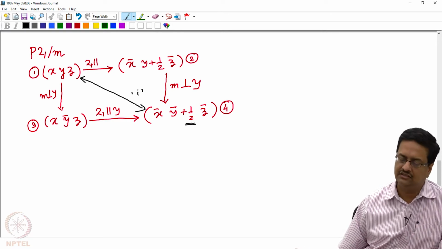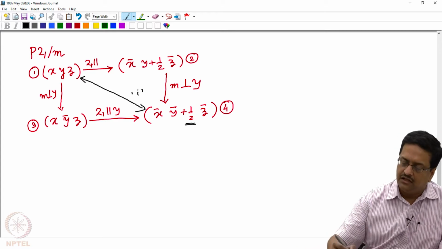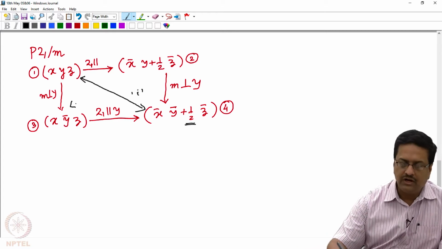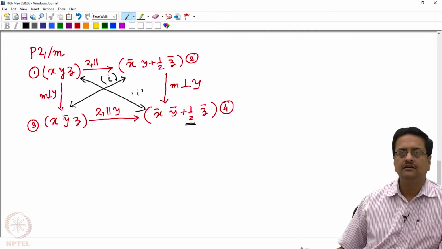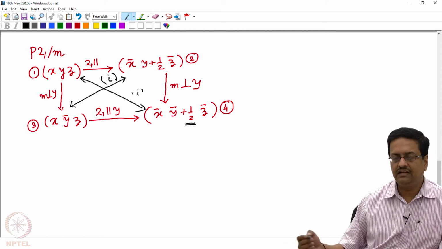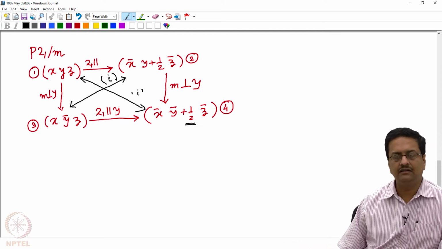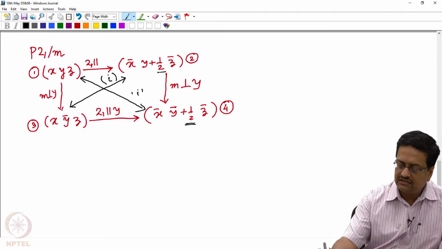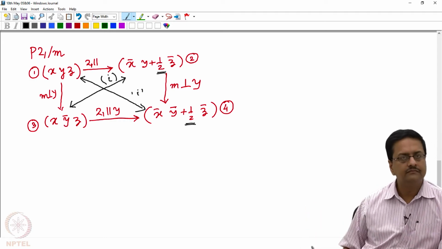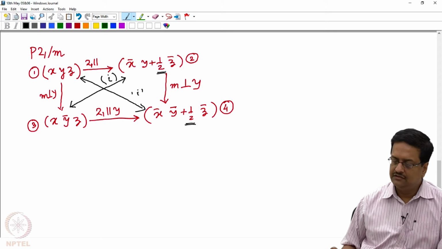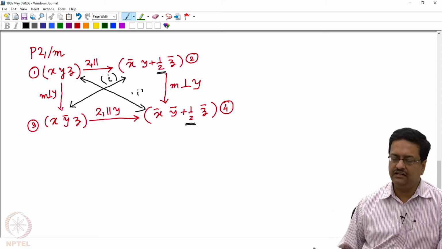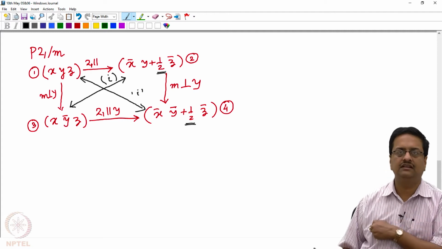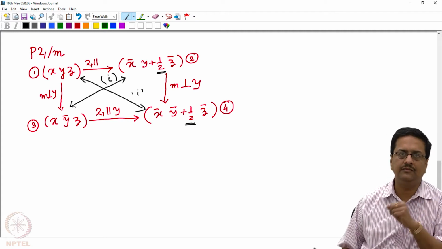Similarly, the points 3 and 2 are once again inversion related: x, y bar, z becomes x bar, y, z bar, but we have a translational component of half, which means the origin is not coinciding with the point of intersection of the 2-1 screw and the mirror.